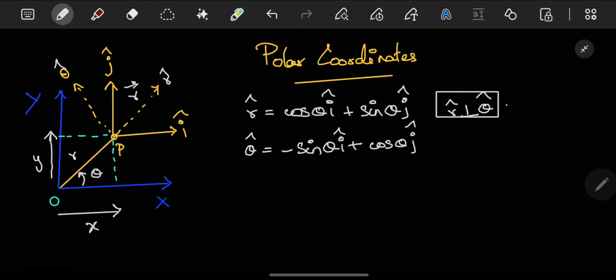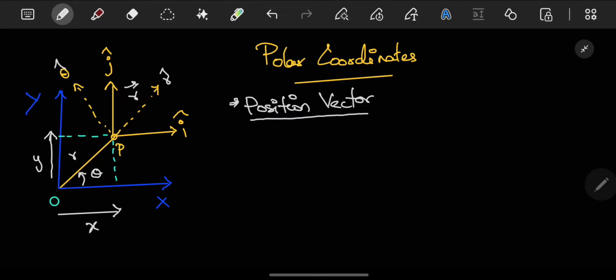By using this, we will calculate the position vector. The position vector, we can write the radial distance as r vector is equal to r into r cap. We can just expand this equation, where we know that r cap is nothing but cos theta i cap plus sin theta j cap.